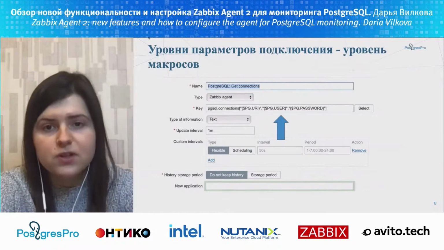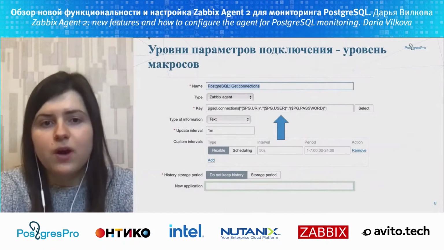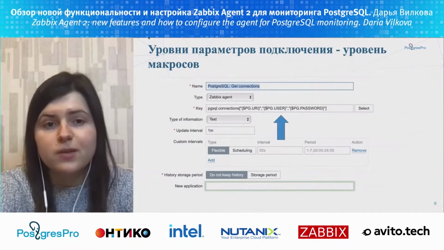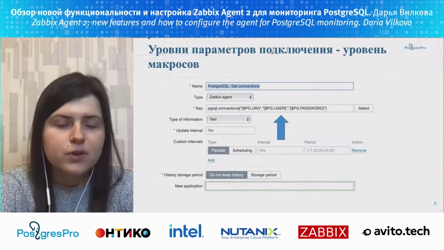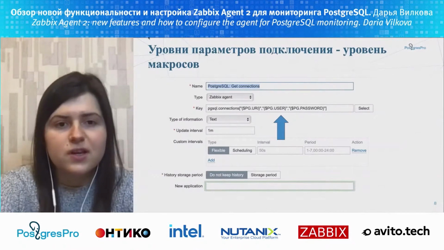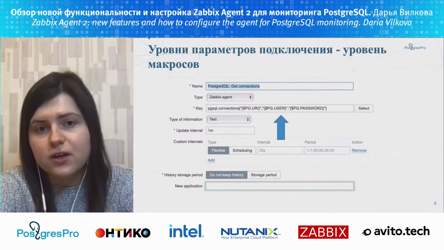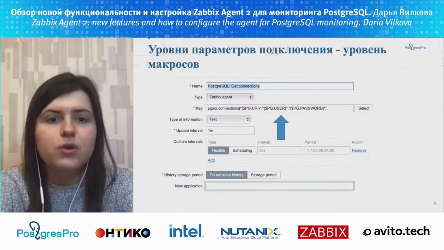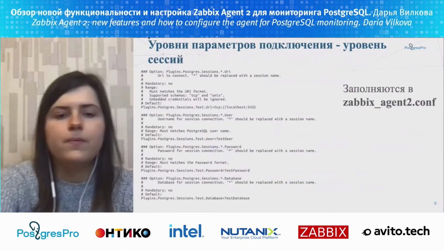First is URI, then username, then password, then database name. The first 2 parameters are mandatory. Also, we can set additional 5th, 6th, and other parameters that can further be used when creating queries. So this way of connection is the default and is available in the template for the Zabbix agent.